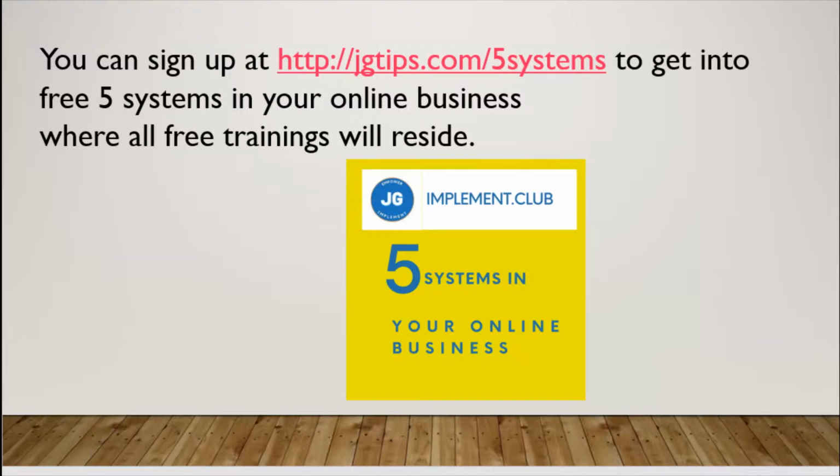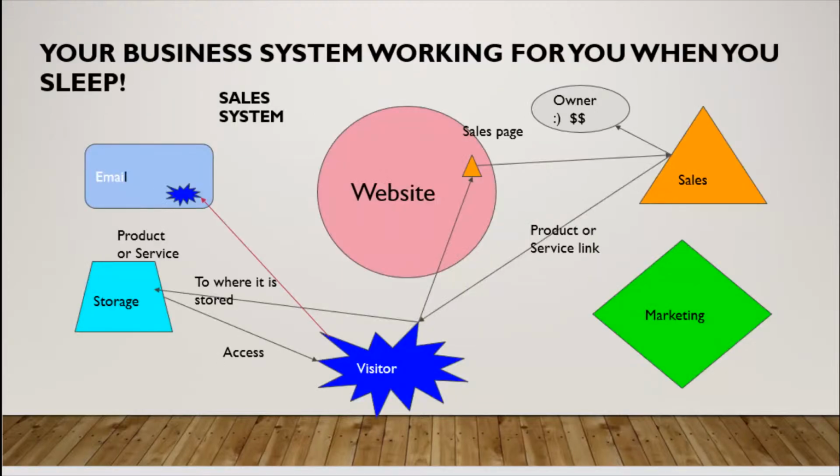But anyway, there are 5 systems in your business that are working for you when you sleep. And so we're setting up the 5 systems fairly briefly. We won't go into too much detail, but so far we're going to talk about the website and setting that up. And then there's a sales system, where you have a sales page on your website or at other places.